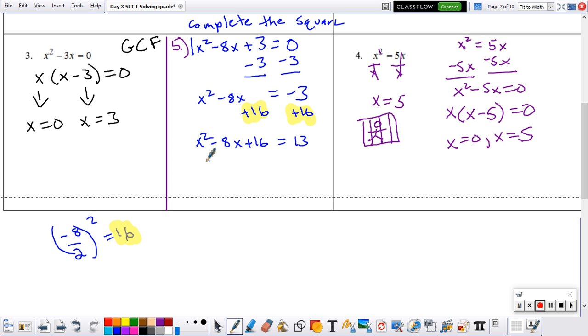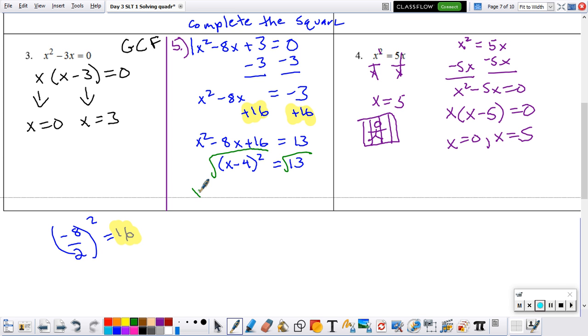Now watch what happens. What adds to -8 but multiplies to 16? If you said -4 and 4, you are correct. So we are going to write this as x minus 4 times x minus 4, otherwise known as x minus 4 squared. Now we can take the square root of both sides.